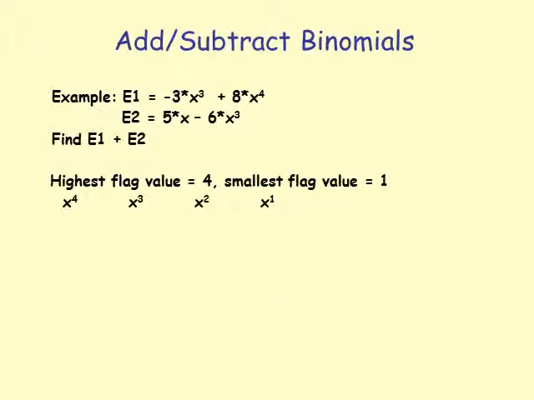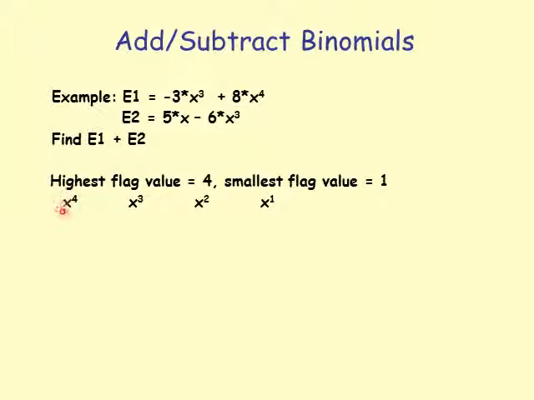Okay, that means let's write down my powers here: fourth power of x, third power of x, second power of x and first power of x. We would accumulate the corresponding flag values under these columns.